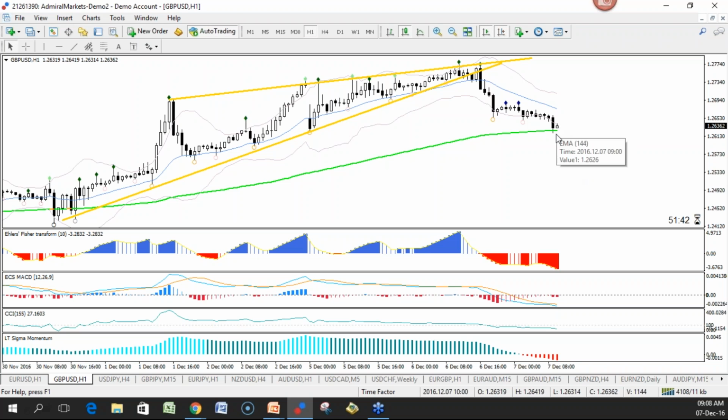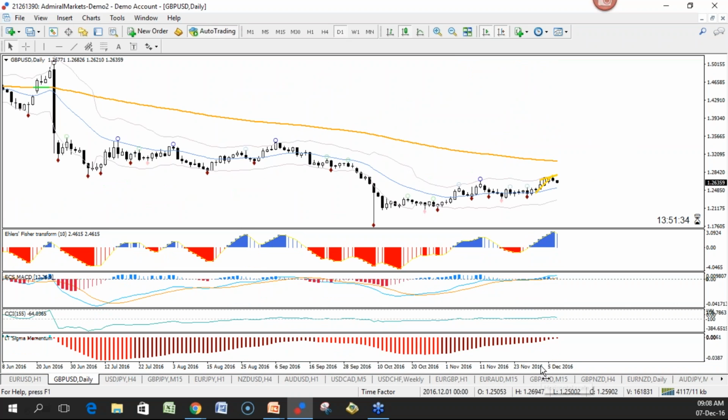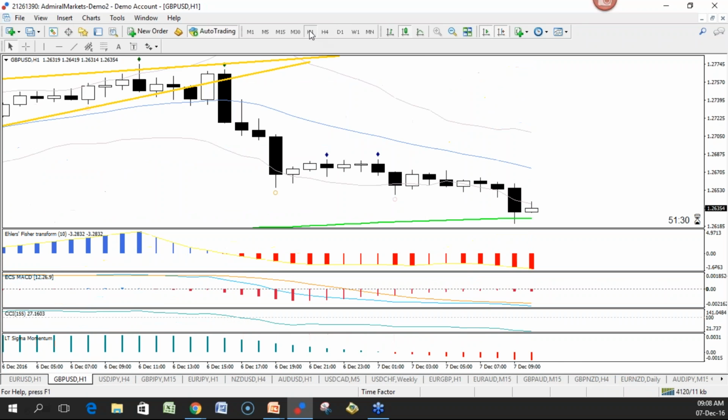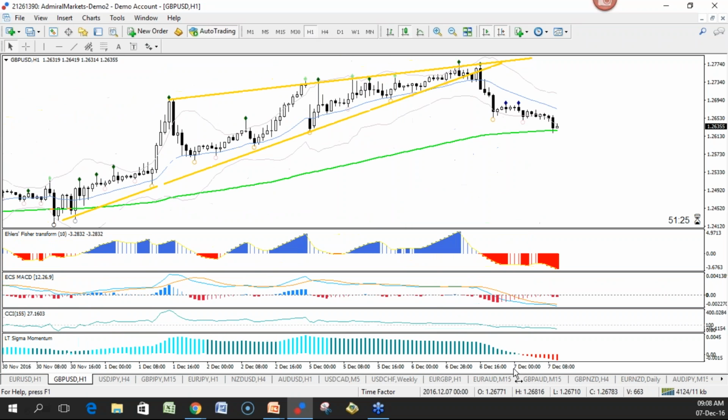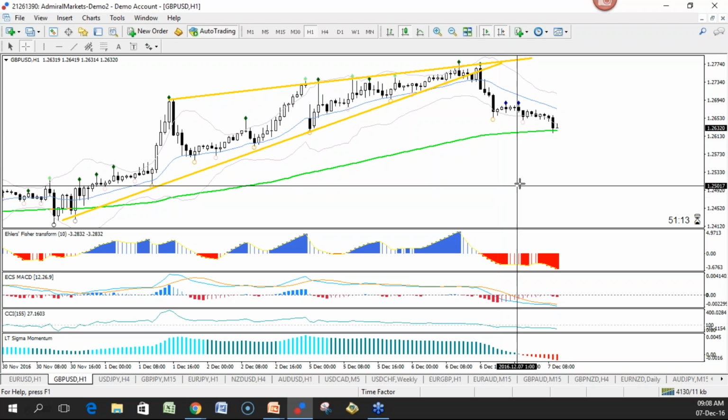We have to see how much further it can push. Let's see. I personally think it's close to a bouncing spot at this moment. Maybe that's too contrarian, but that's just my view at this moment.